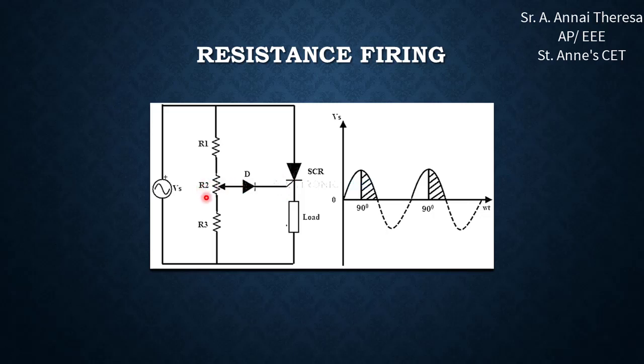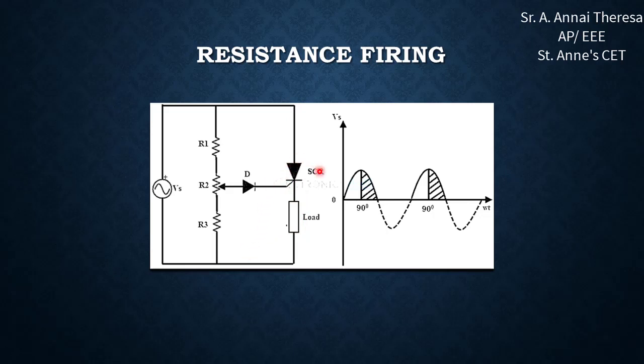This gate current should be more than the minimum value of gate current, because only then will the SCR be turned on, and hence the load current starts flowing through this SCR.